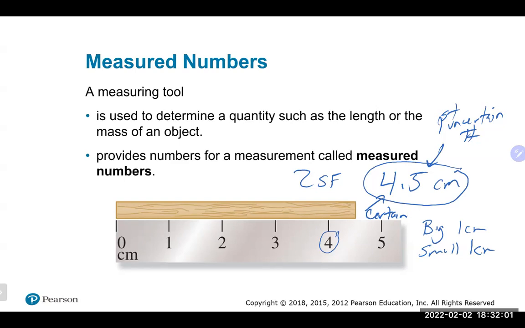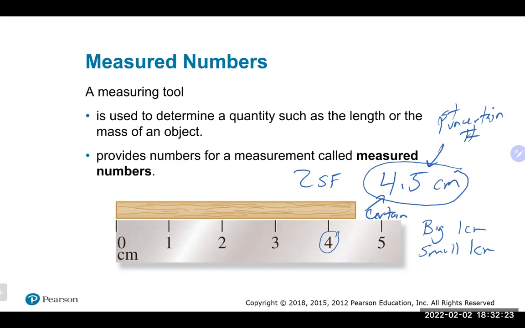How do you get the two significant figures? Whenever you take a proper measurement, that's the key, you've got to take a proper measurement to the proper number of digits. You should be recording all the certain numbers plus the first uncertain number.